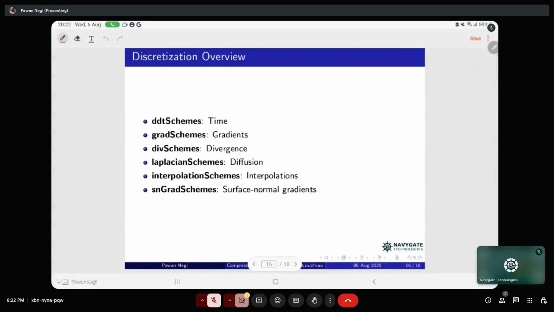In the discretization, you should define all these things which are there in all kinds of other solvers as well. In addition to these, you should also have a flux scheme in the rhoCentralFoam solver. This particular flux scheme is the only one which is used for all the flux calculation for momentum, continuity, as well as for the energy equation.